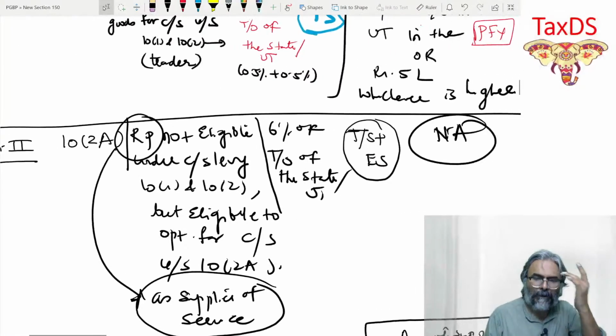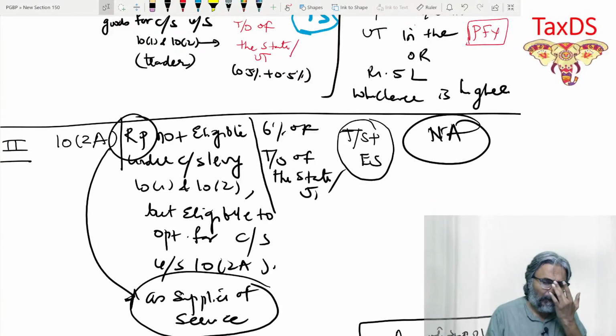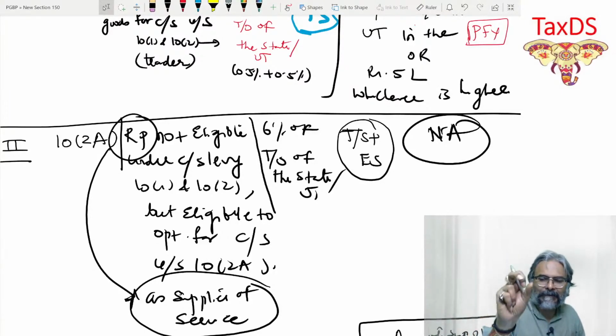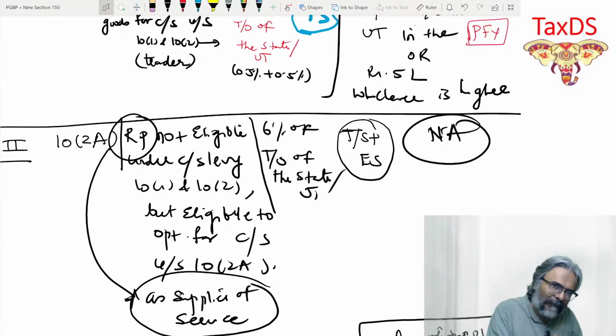In scheme number 2, the rate is 6% of the turnover of the state. That turnover of the state will have both taxable as well as exempt supply. Now in scheme number 2, marginal service is not allowed.